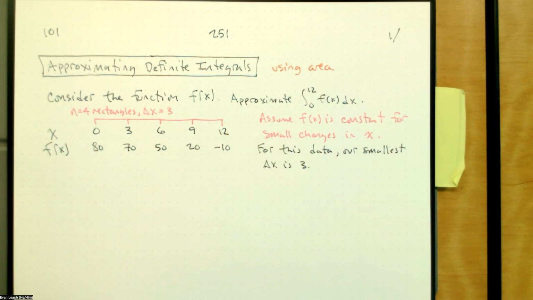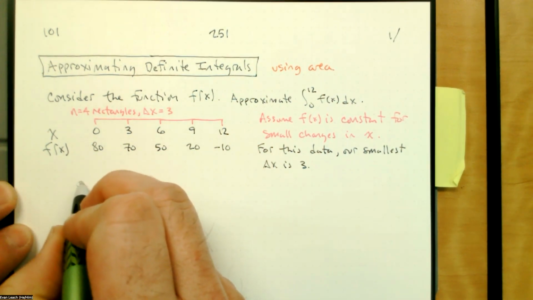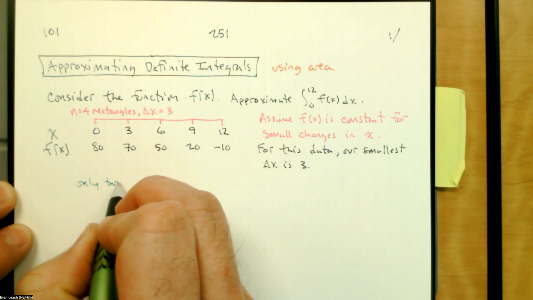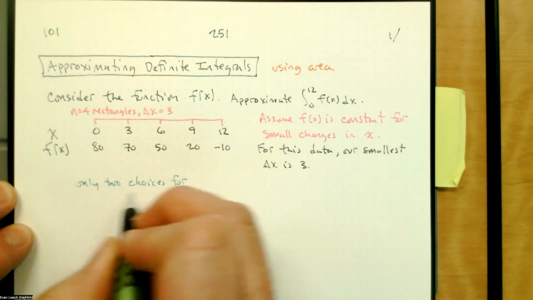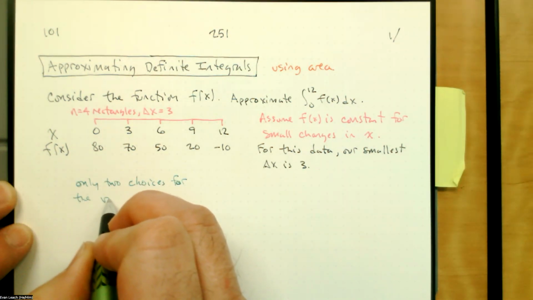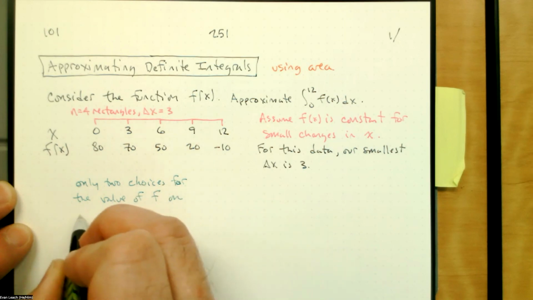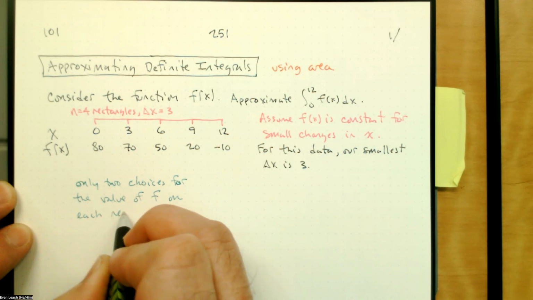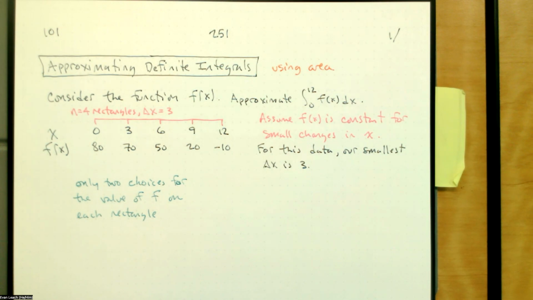And the way I have it set up into these 4 rectangles, I only have 2 choices. We only have 2 choices for the value of f on each of these rectangles.